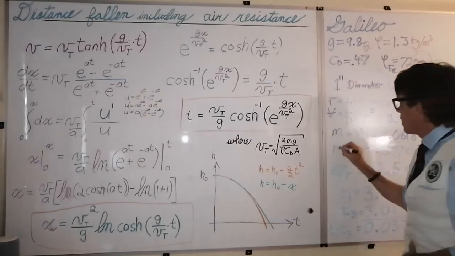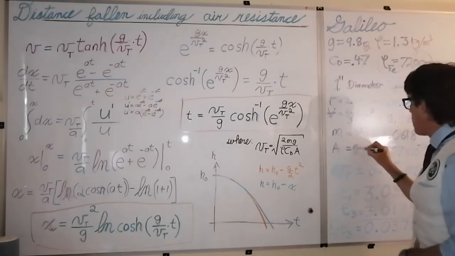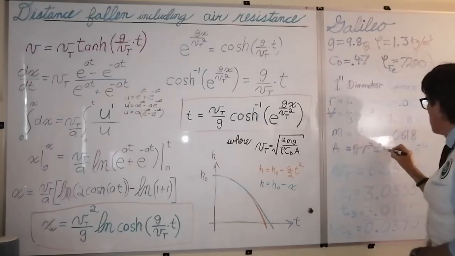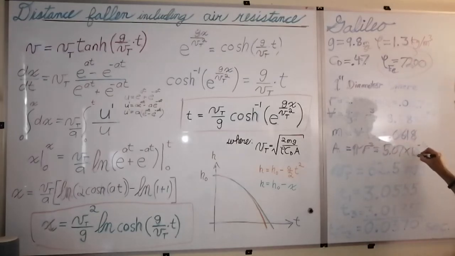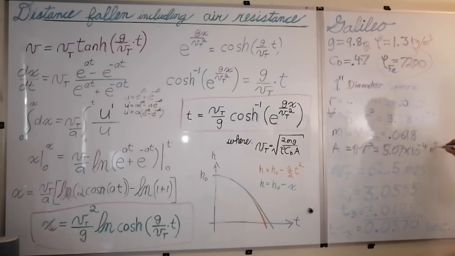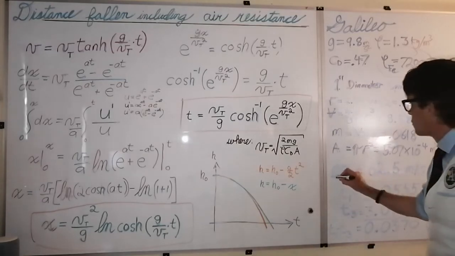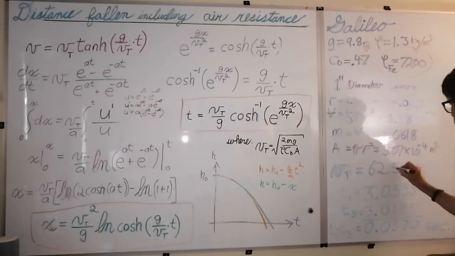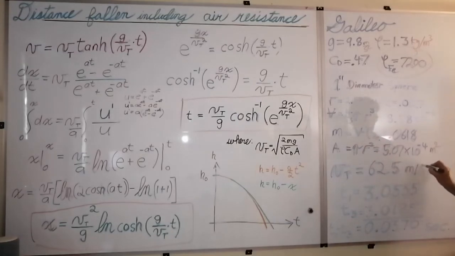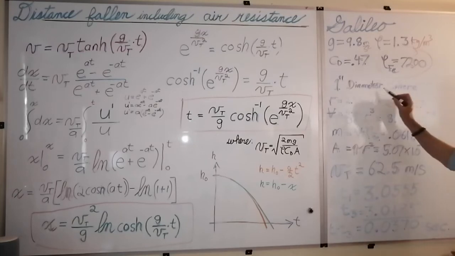And then the frontal area will be pi r squared, which I found to be 5.07 times 10 to the negative 4. And we will be in meters squared, since I'm doing this whole problem in SI units. Now bear with me there, because what you get is a terminal velocity of 62.5 meters per second for the 1-inch diameter ball.